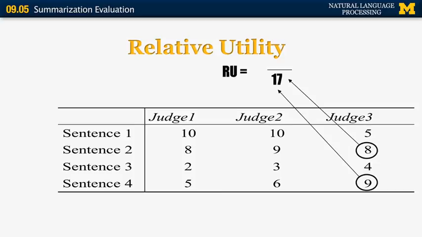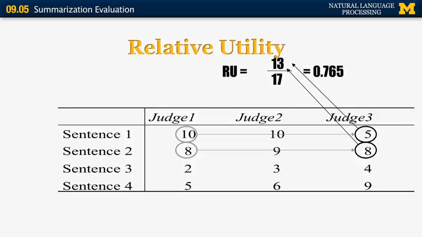Now, if you were judge 1, you would pick sentences 1 and 2. However, those 2 sentences, according to judge 3's utility judgments, get a score of 13. So the relative utility that judge 1 gets against judge 3 is 13 out of 17, or 0.765.